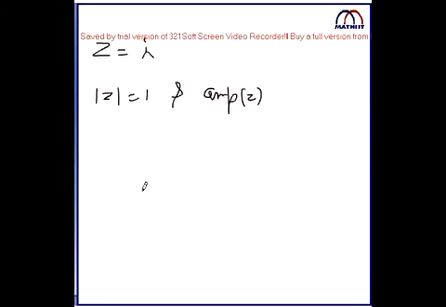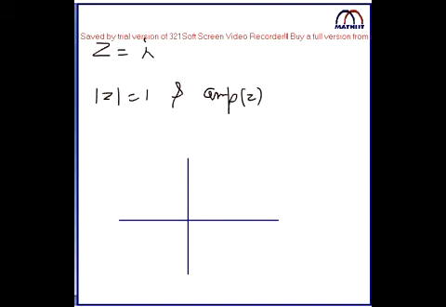Sir, you didn't tell what the amplitude is if it lies in the first, second, third or fourth quadrant, but what will happen if it's lying on one of the axes? Yes, I can tell you now. I wanted you to face this problem, that's why I didn't tell you that.